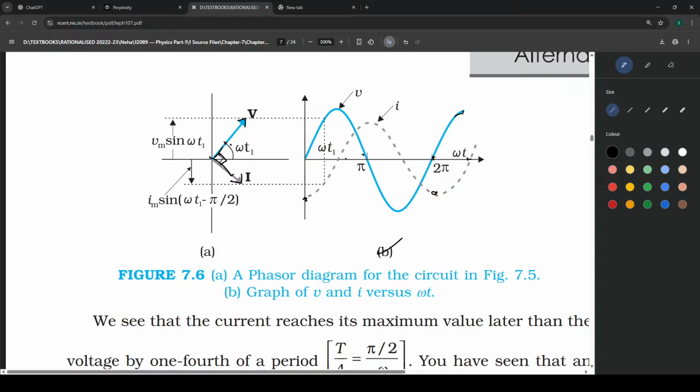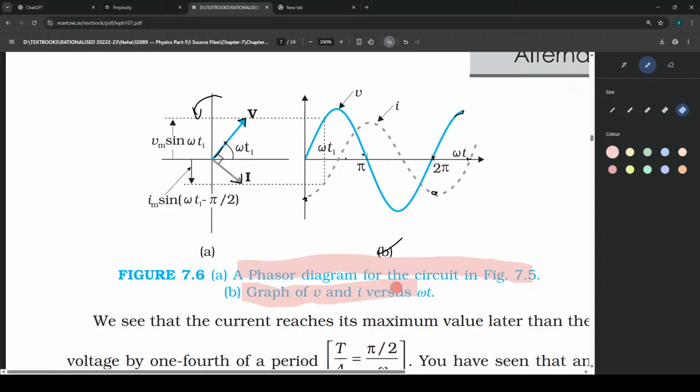If we assume that they are rotating in an anti-clockwise direction, then we can say that current is lagging behind. That's all that we can see in the phasor diagram: phasor diagram of circuit, graph of V and I versus omega t.